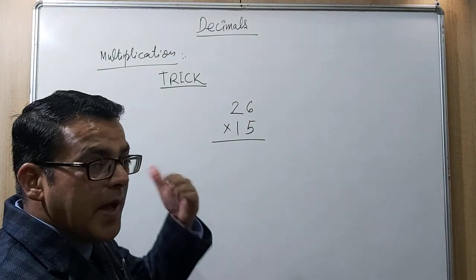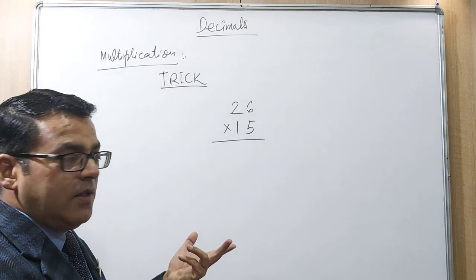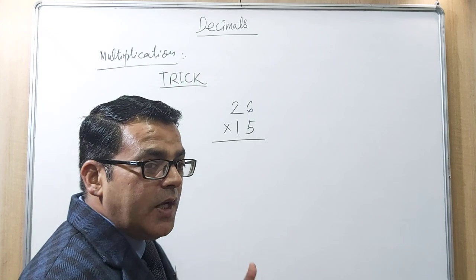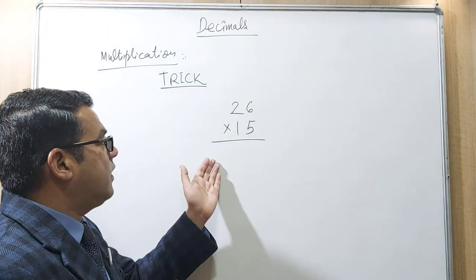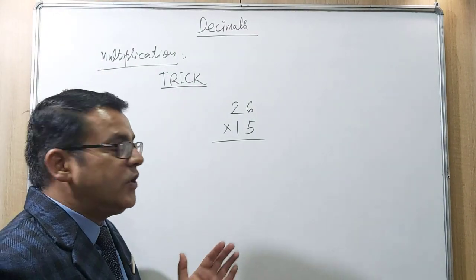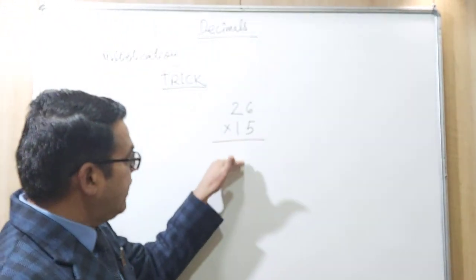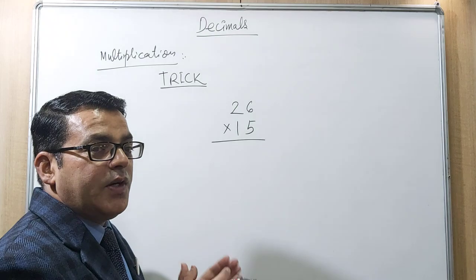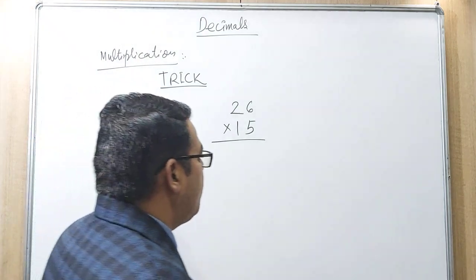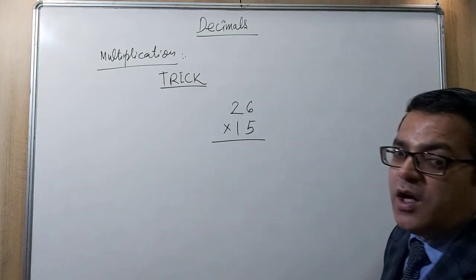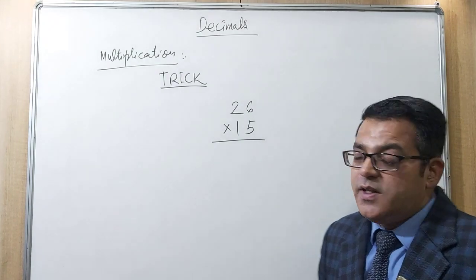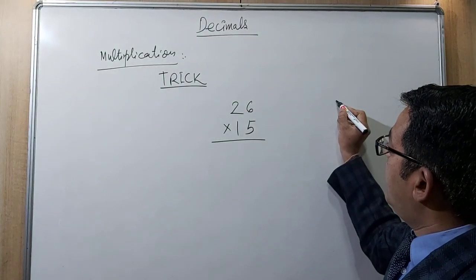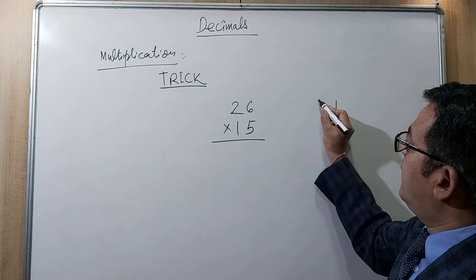This is actually magic. But before the magic, we need to do some preparation. Before starting the multiplication, first we will learn the formula. The very important thing is that you have to write here 1, then this X, then 1.